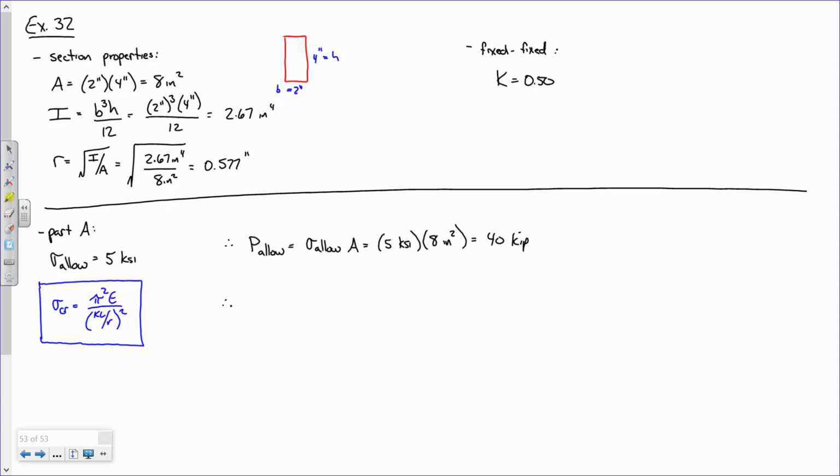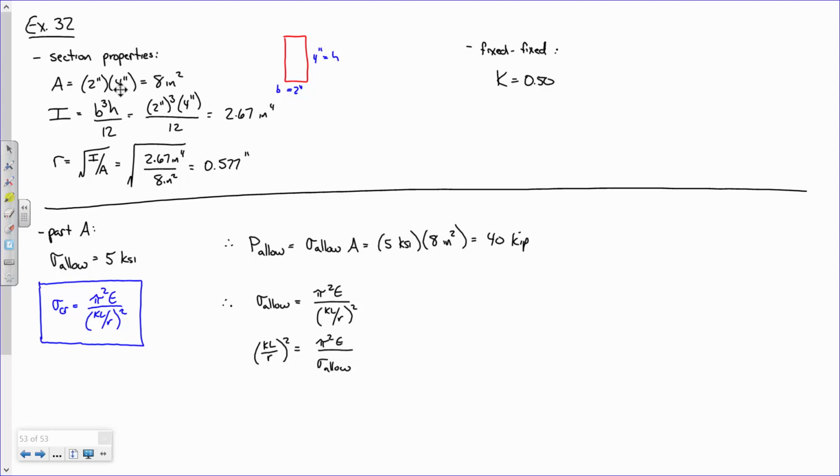Well, we have E divided by KL over R squared. Can I flip and multiply? Can I do that? Just flip around?